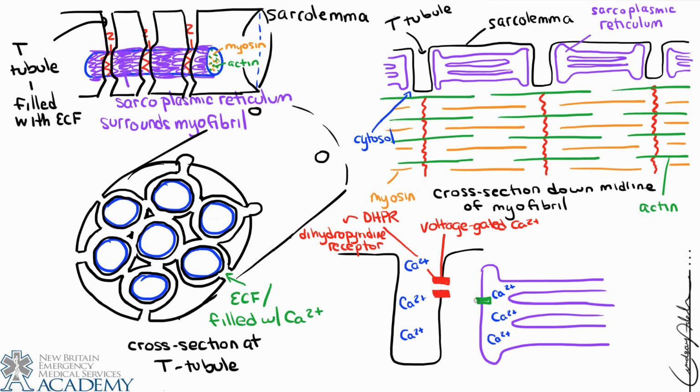Now we also notice a second voltage-gated calcium channel that's present in the membrane of the sarcoplasmic reticulum. And this particular voltage-gated calcium channel is associated with the ryanodine receptor.